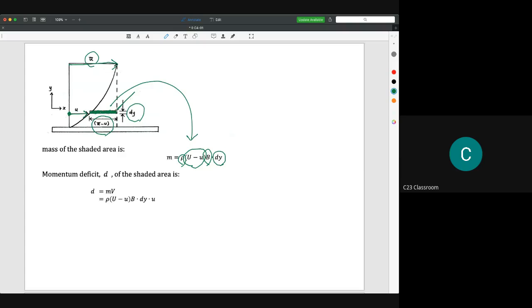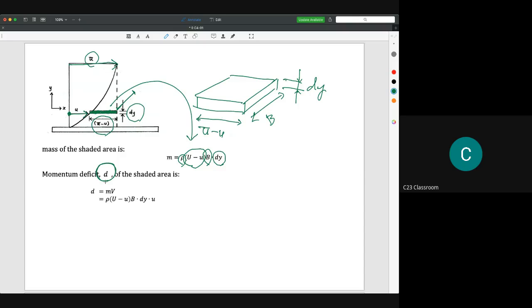Okay, so you just imagine that the strip is something like this one. This is capital U minus u, and this is B, the width, and this is the thickness, dy. So then the deficit of momentum, we just give a small d, for example, is m times v, and m is rho times (U minus u) times B times dy. And then the u here, please be careful about this u.